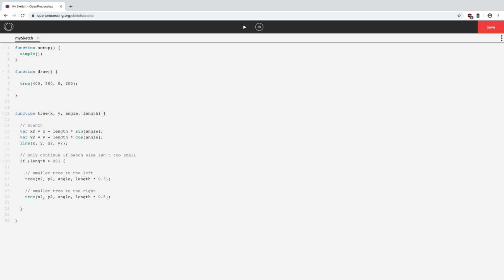Well, one's to the left, so let's increase the angle a little bit. Let's say 10 degrees, let's say 5 degrees. And the other one is to the right, so it's angle minus 5 degrees. It's minus because this is the convention of anti-clockwise is where the angle gets bigger. So if we're rotating it to the right, the angle is minus 5.